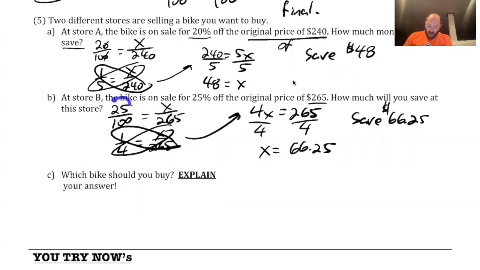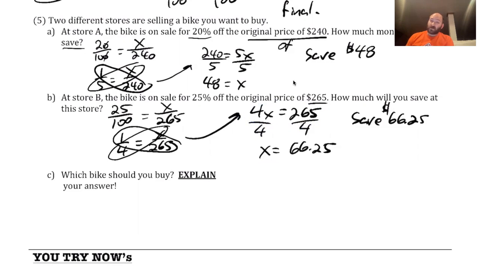And then I reduced this fraction down to 1/4. And then we did cross multiplication, so that's 4 times X. Okay, so I reduced that fraction down, and then I did my cross multiplication here to get 4X equals 265. Then I divided both sides by 4 here, and I got X equals 66.25. So that's how much is being saved.